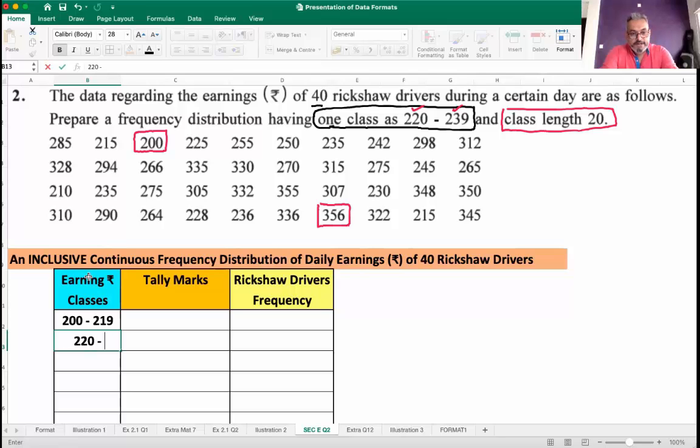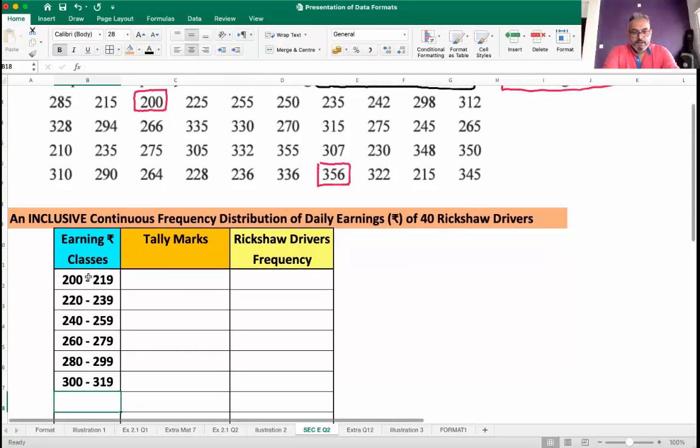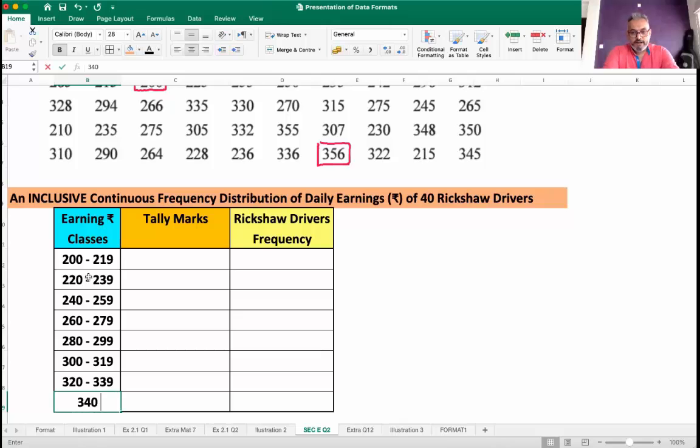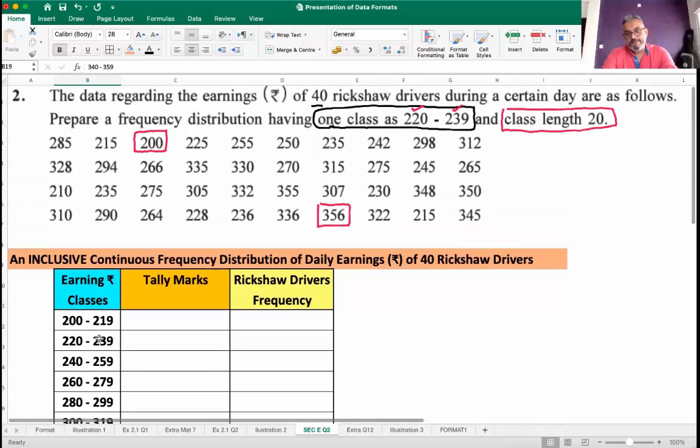So next will be 220 to 239, then 240 to 259, 260 to 279, 280 to 299, 300 to 319, 320 to 339, and 340 to 359. So 356 has come here and 200 has come here.